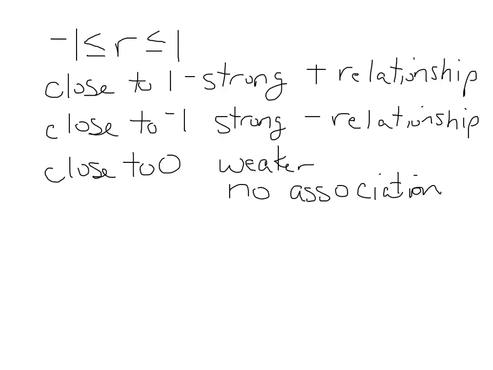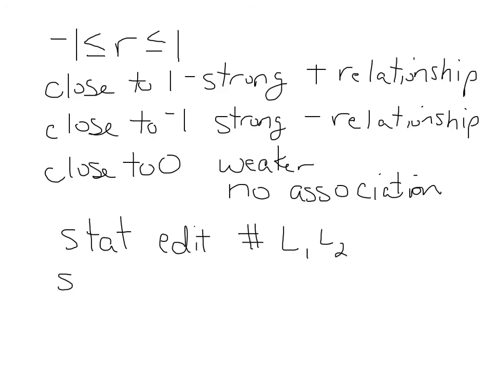To do so, you will be hitting Stat, Edit, and putting the numbers into List 1 and List 2. After you have put the numbers into List 1 and List 2, you will be hitting Stat, Calculate, Lin, Regress.